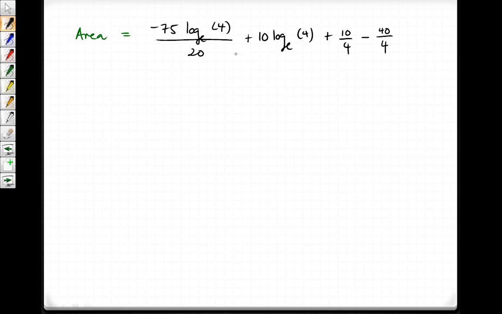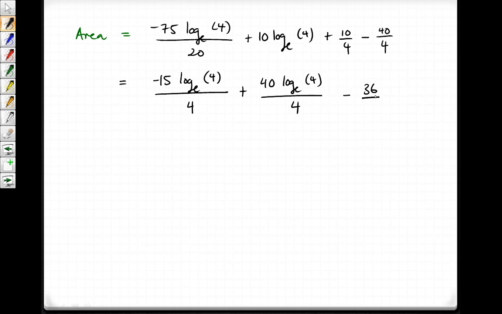So now, keeping on cleaning up, we can turn this into minus 15 log e of 4 on 4 plus 40 log e of 4 on 4 plus 10 minus 40 is minus 30 on 4.